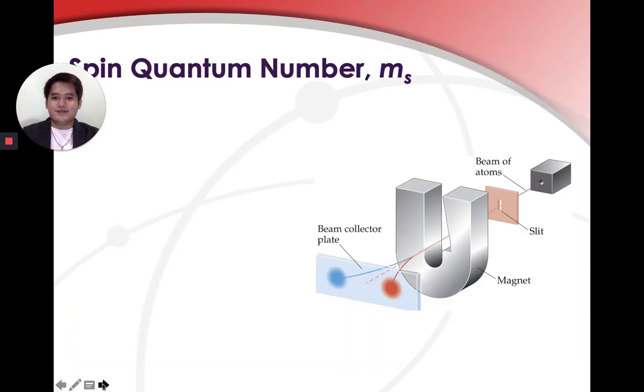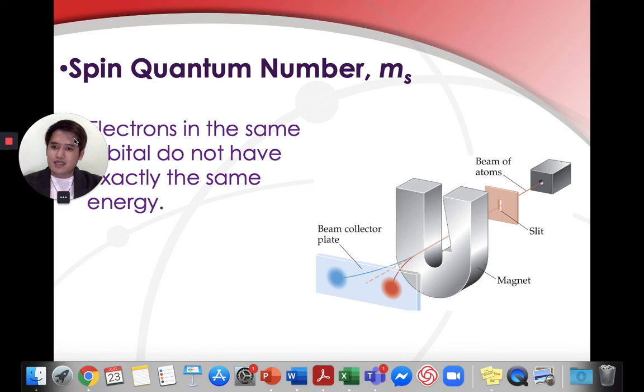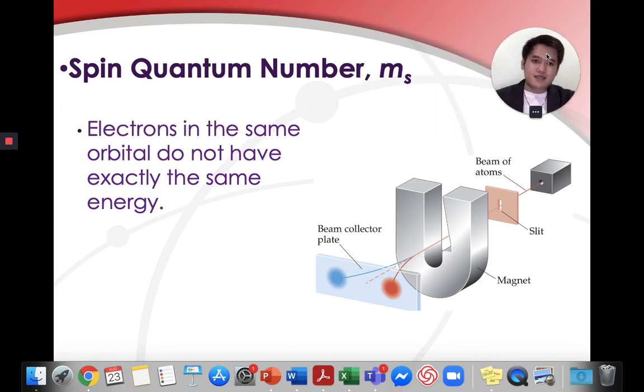Okay, next. We had initially discussed the 3 main quantum numbers, but there is a more recent one, a relatively recent one. Electrons in the same orbital do not have exactly the same energy. And why is that?